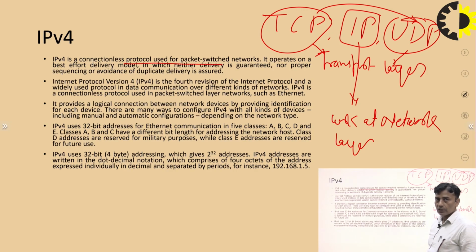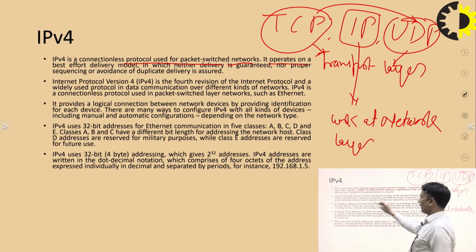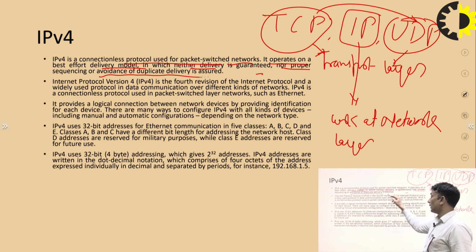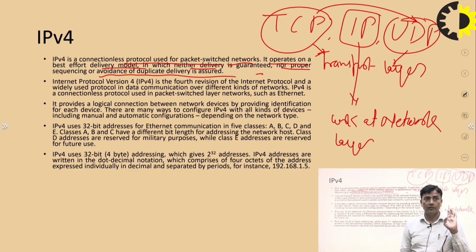That is why this is known as connectionless. Unlike TCP, on a packet switch network it operates on a best effort delivery model in which neither delivery is guaranteed nor proper sequencing or avoidance of duplicate delivery is assured. This is the packet switch network.